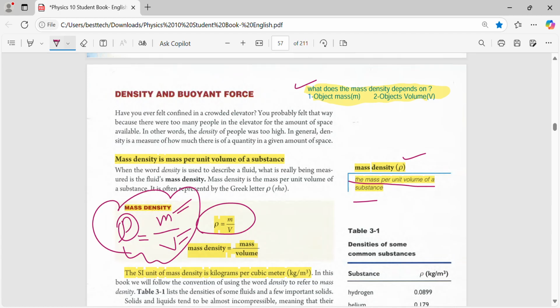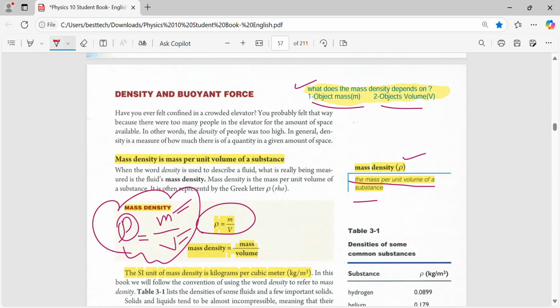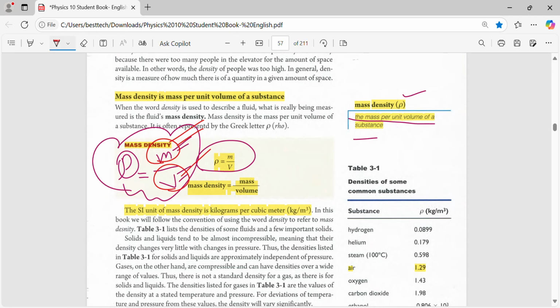That's why the answer is object mass and object volume, because in the rule we have just these two things. And even in chapter 1 we mentioned that the unit of density is kilogram per meter cubed.